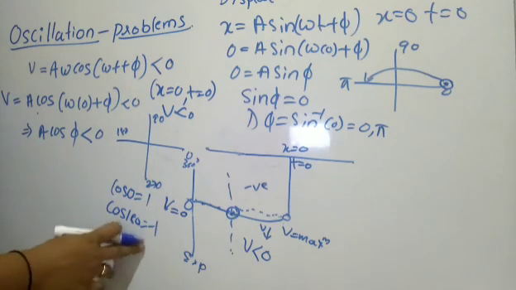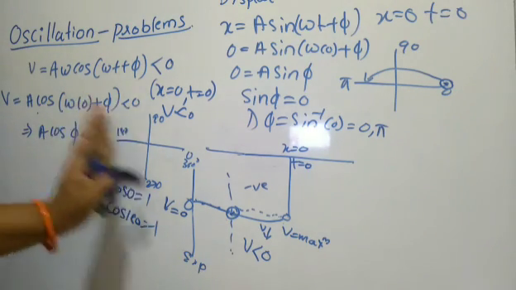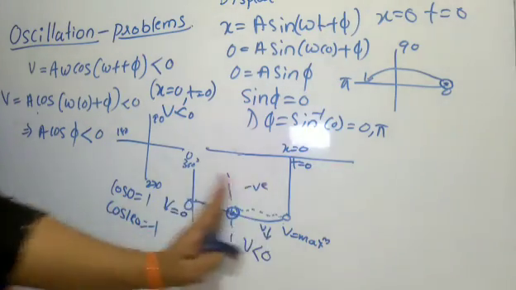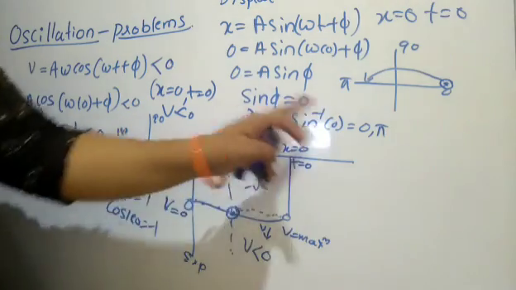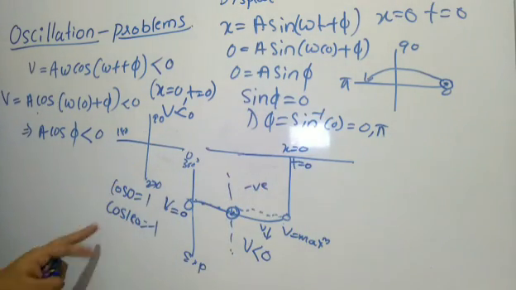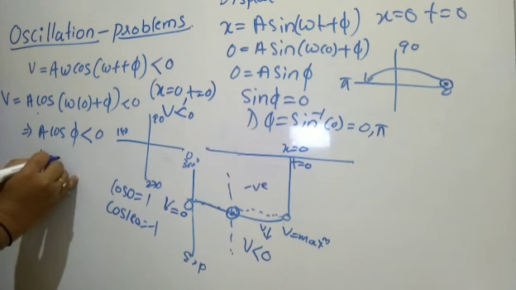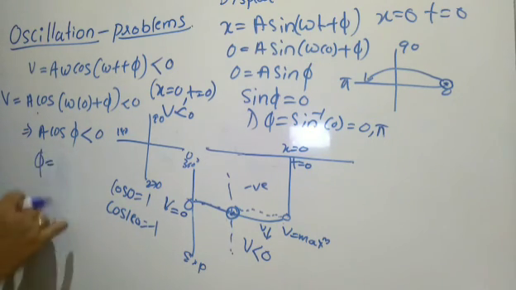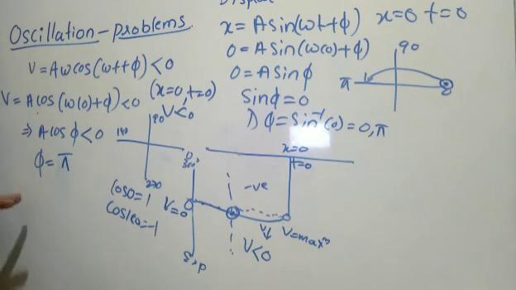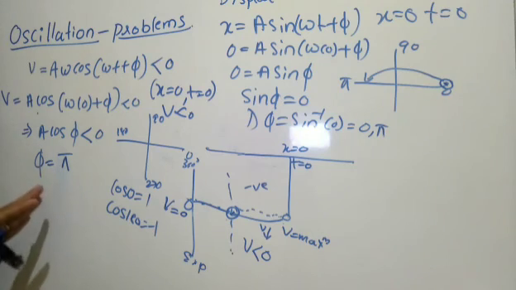Obviously cos 180 is minus 1, which means the particle is moving in the negative direction. So here phi is equal to pi. That means it is moving in the negative direction, and obviously pi is the only option here. Phi is equal to pi only.